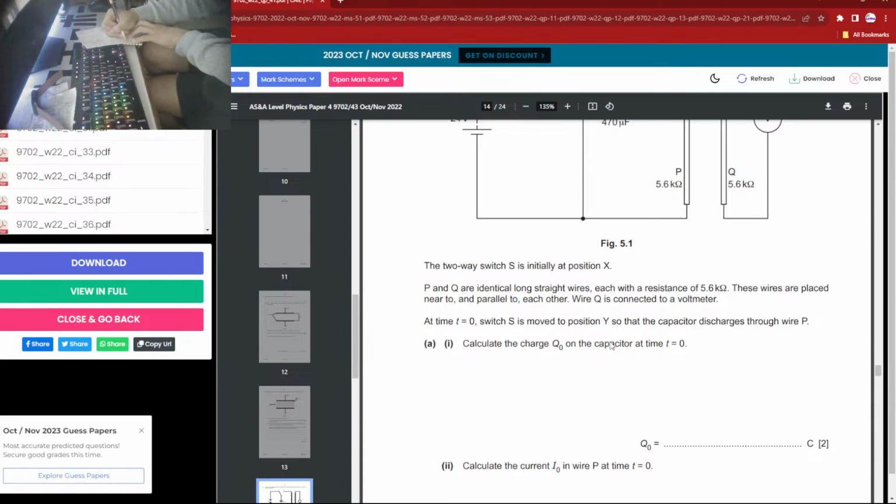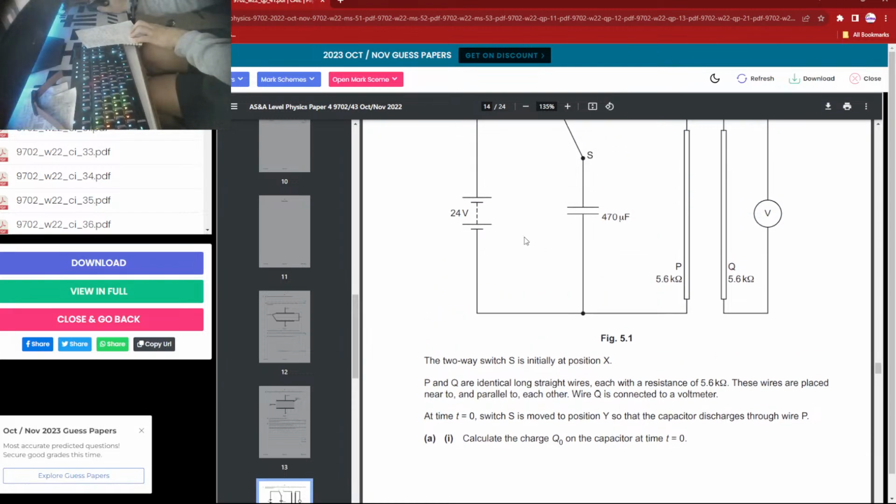Q equals CV. The charge will be equal to 470 times 10 to the power of negative 6 times 24. You get 0.011 coulombs.